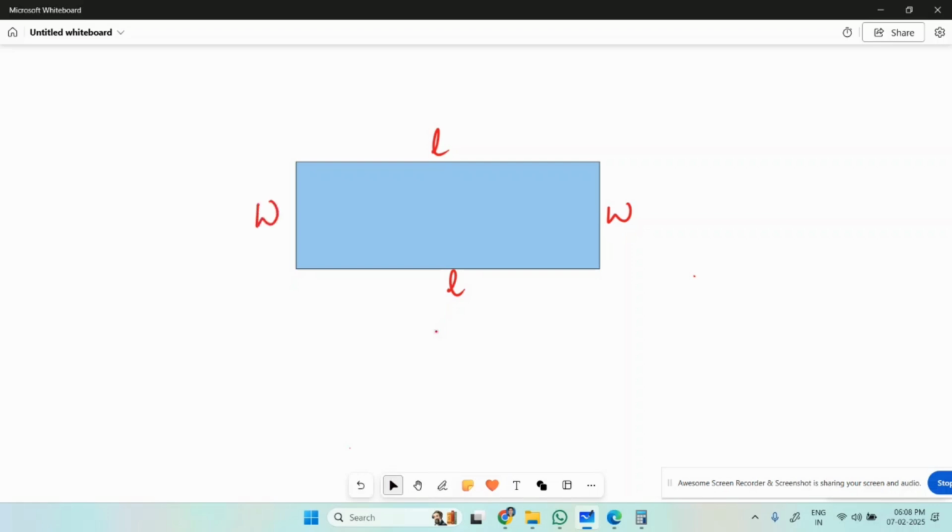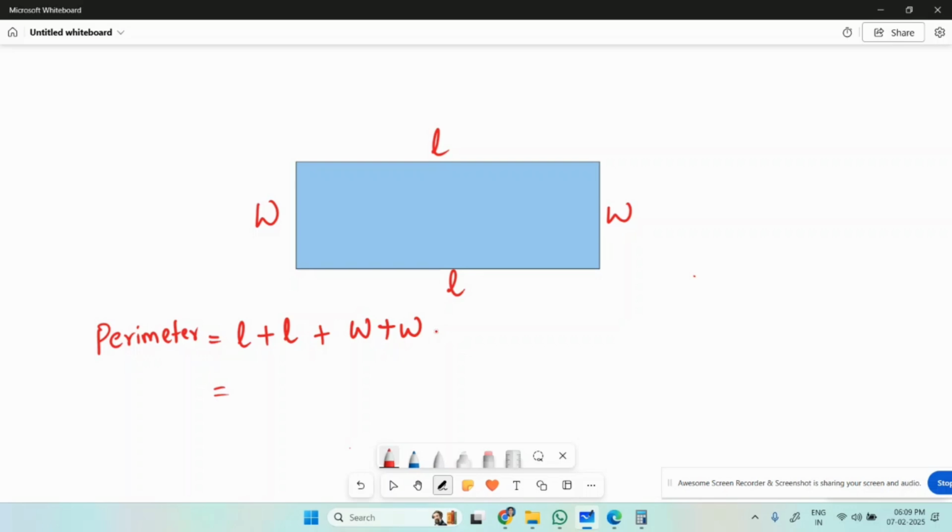To find the perimeter of a rectangle formula, we have two lengths, length plus length, and plus width. Why are we adding here? Perimeter means sum of all the sides. So that's why we added length plus length, width plus width.